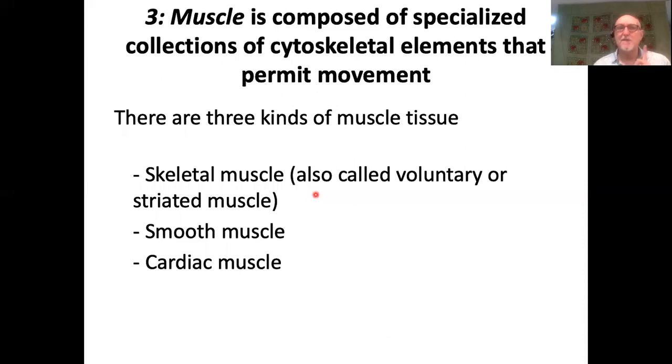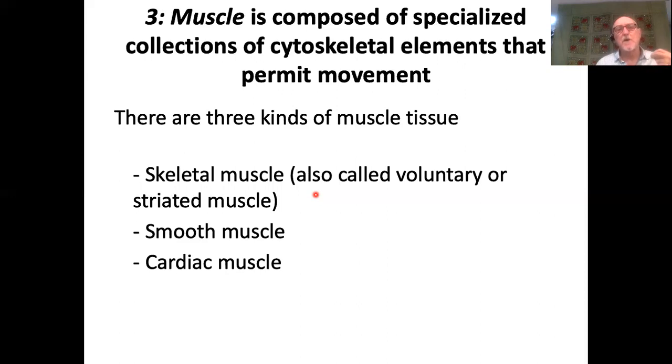Just to remind you, we have done this before. So this should be a reminder for you. There are three kinds of muscle tissue. And we recognize skeletal muscle, which we call voluntary or striated muscle. That's the bulk of our muscles. Smooth muscle, that is muscle of things like the reproductive tract, the gut.